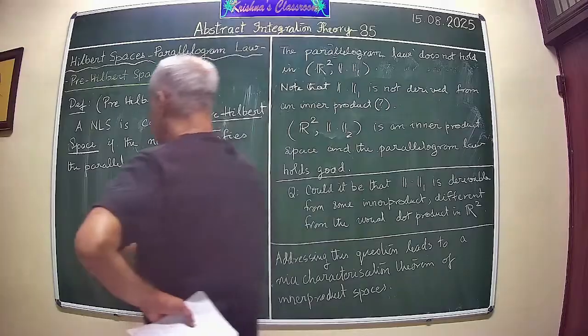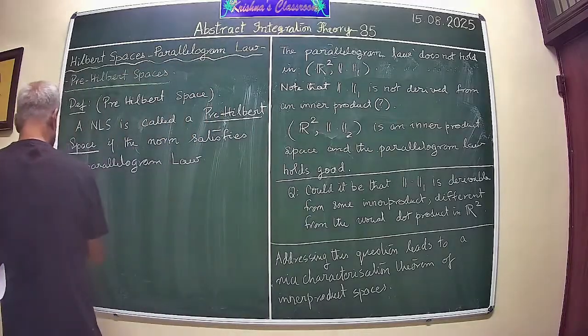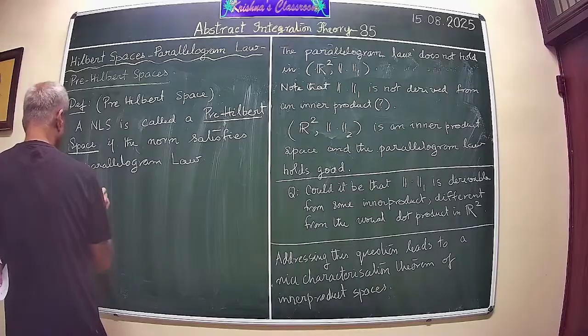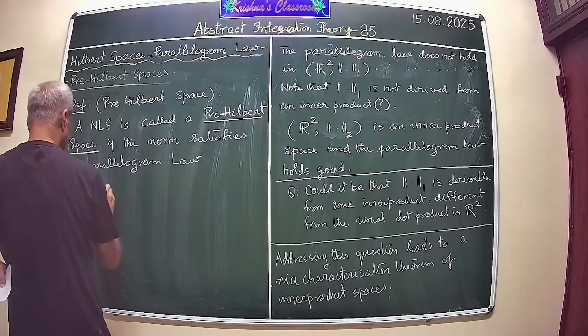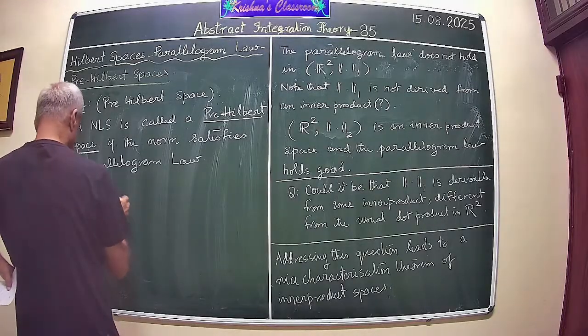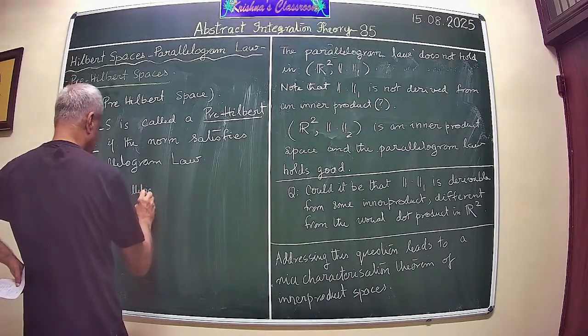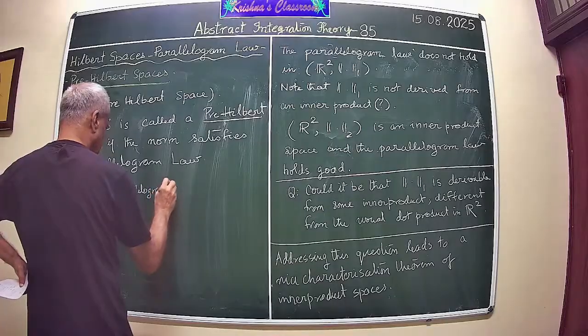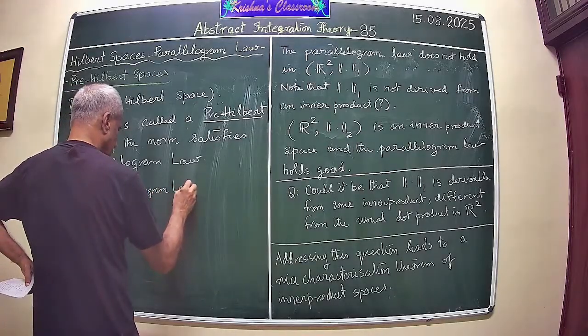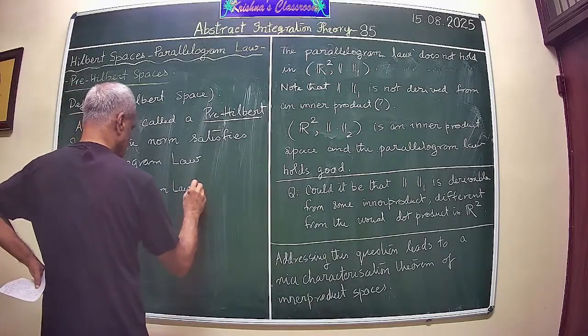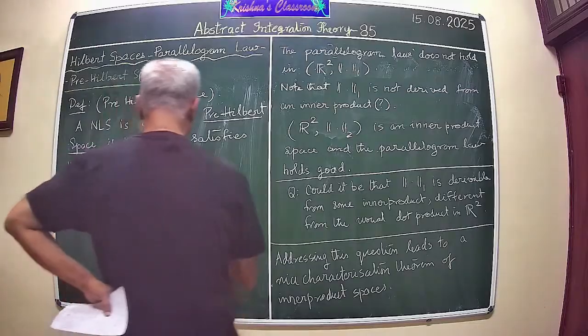Okay, so we'll put it this way: normed linear space plus parallelogram law is equal to free Hilbert space.